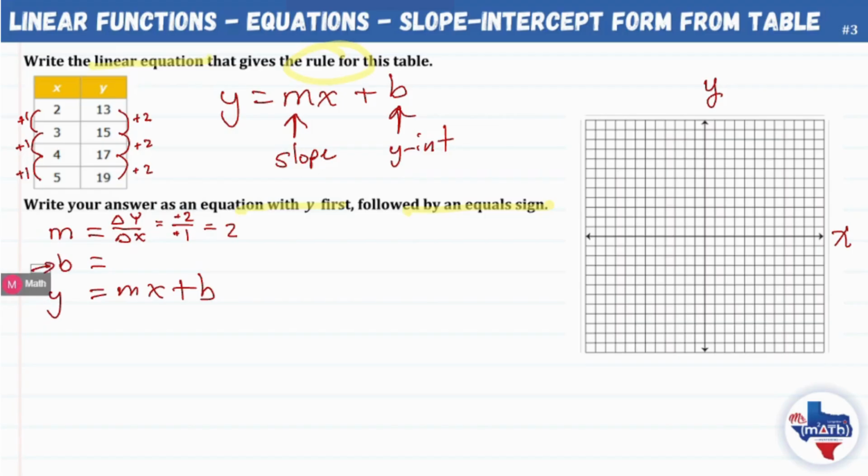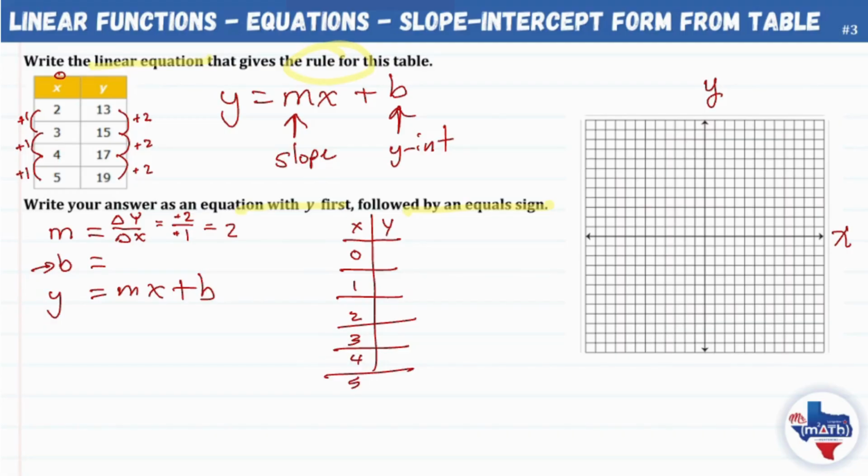But I still need to know what my b value is, which is my starting point, when x is 0. That's what I need to figure out. So I'm going to go ahead and rewrite my chart over here, starting with 0, then 1, then 2, 3, 4, and 5.